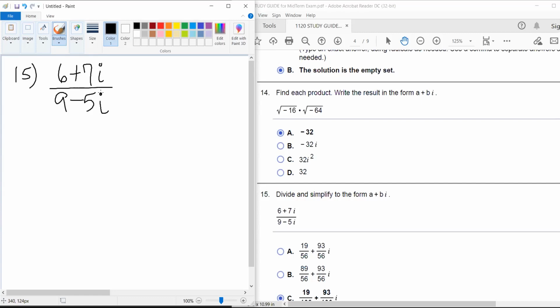Just like radicals, we cannot have imaginary parts in the denominator either. So we're going to get rid of it by using the conjugate again. So we'll multiply the top and the bottom by the conjugate of 9 minus 5i, which is just 9 plus 5i.